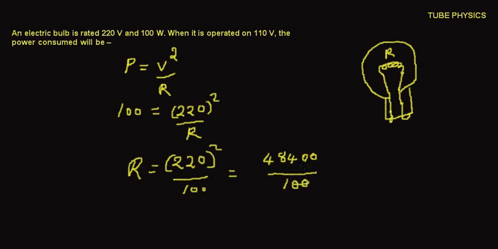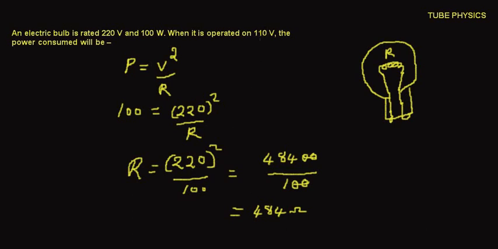Okay, so 0 cancelled, means the resistance of the bulb is 484 ohm.